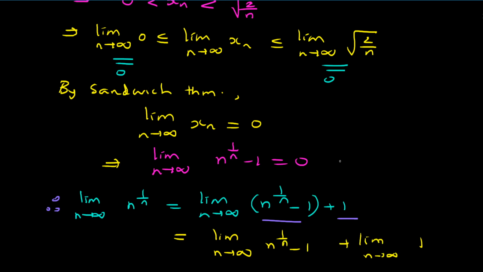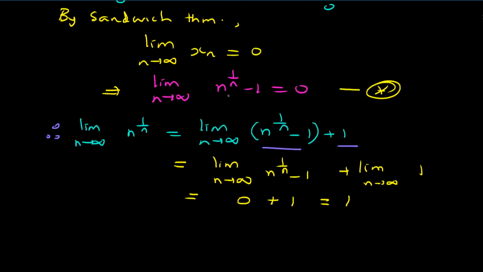Remember, this is the given result which I will be using here, whose value is 0, and limit of 1 is 1. So final answer is also 1. So what I have proved is limit n raised to 1 upon n is 1. So thus limit n tends to infinity n raised to 1 upon n is equal to 1. Hence proved.